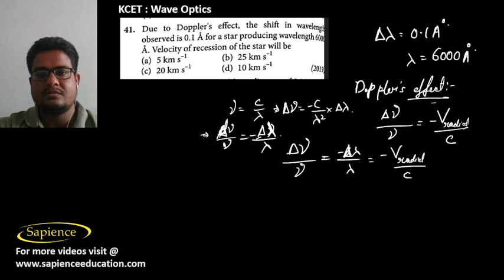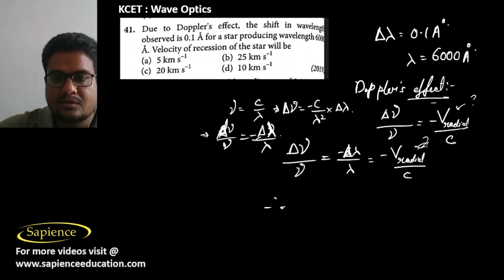So we have to find the v radial, which is the radial velocity, the velocity of recession of the star. And c is the speed of light in vacuum. So I can write delta lambda by lambda equals v radial by c.